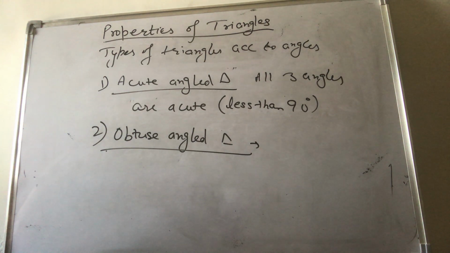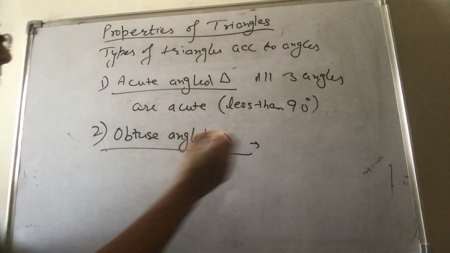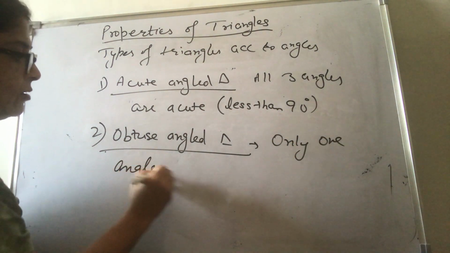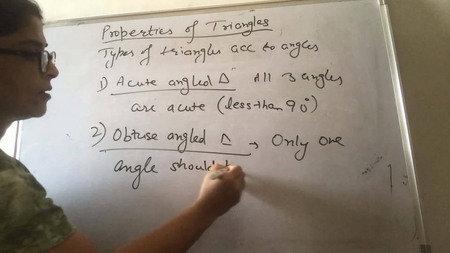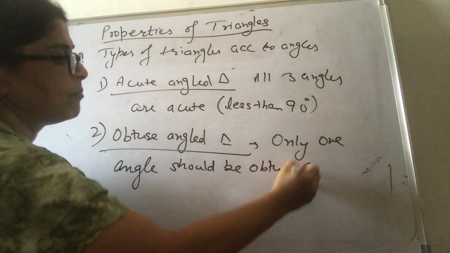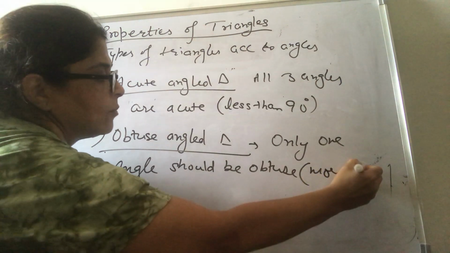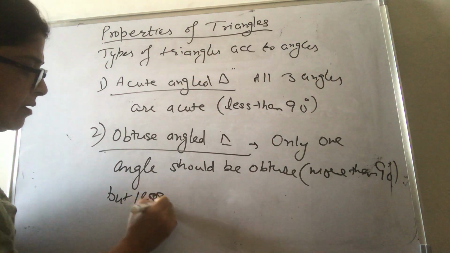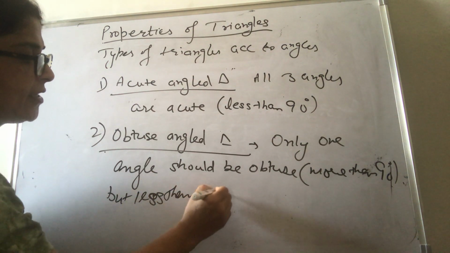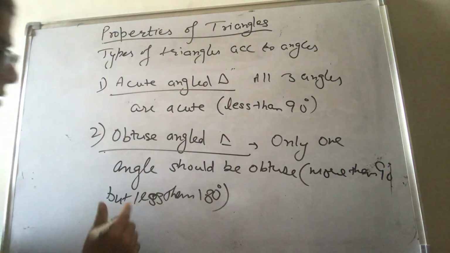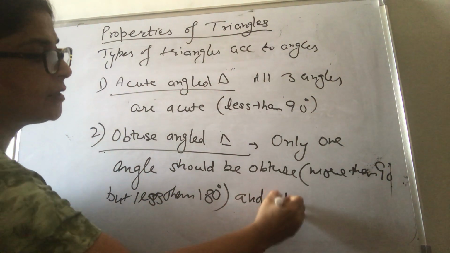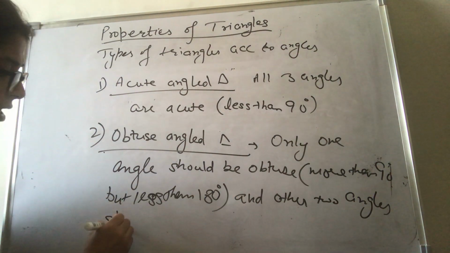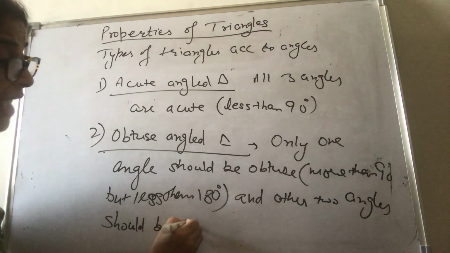Obtuse means more than 90 but less than 180 degrees, and the other two angles should be acute.